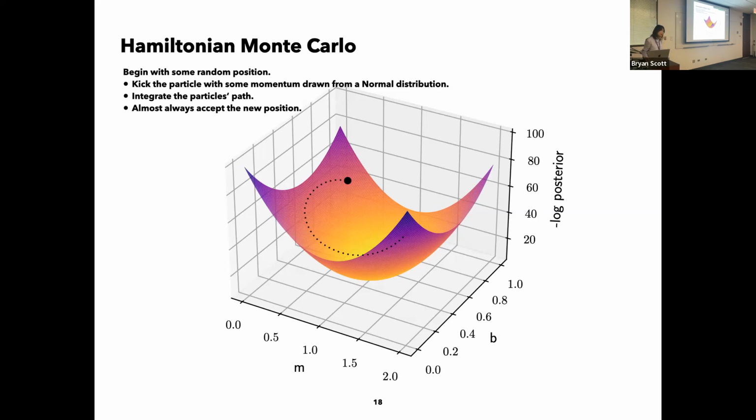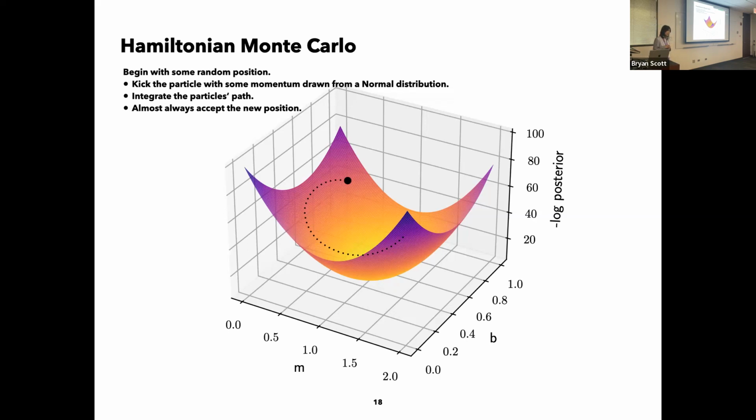We begin with some randomization and give a random momentum to this ball, which will be a vector depending on the number of free parameters. We have 2 now, so a vector of size 2 with some momentum in both M and B directions. We have some initial momentum and some position.